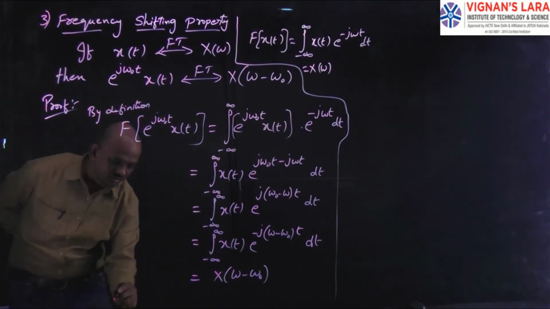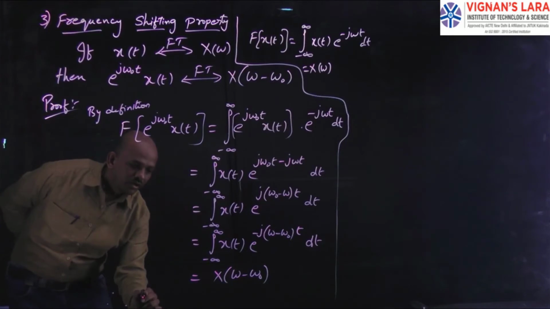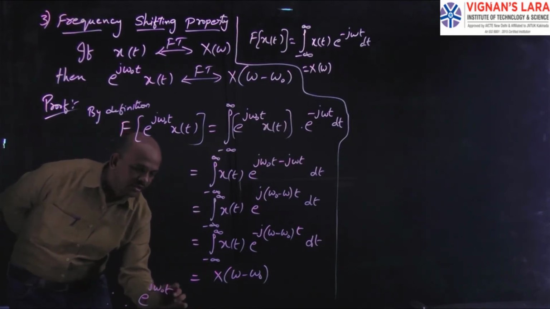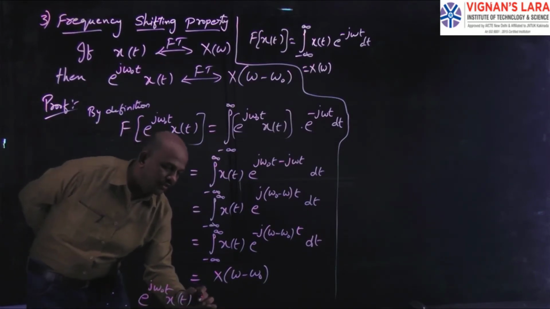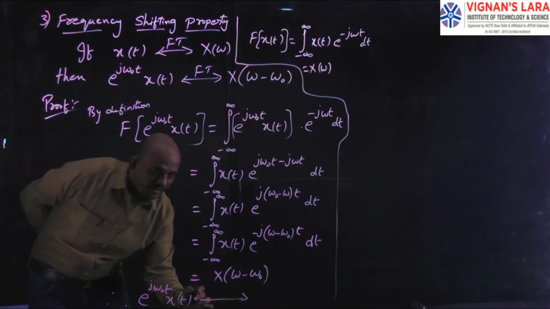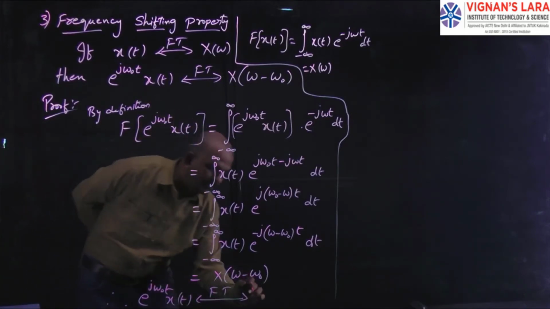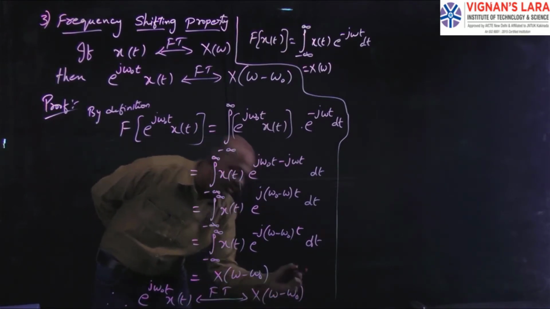So finally I can conclude, therefore, e power j omega naught t into x of t will have a Fourier transform X of omega minus omega naught. Why?